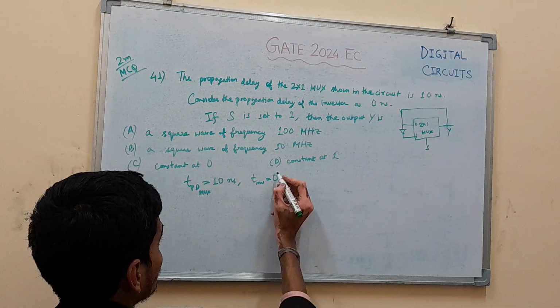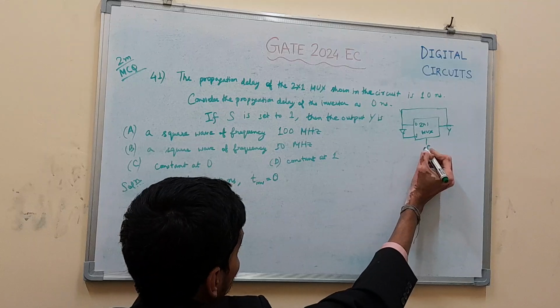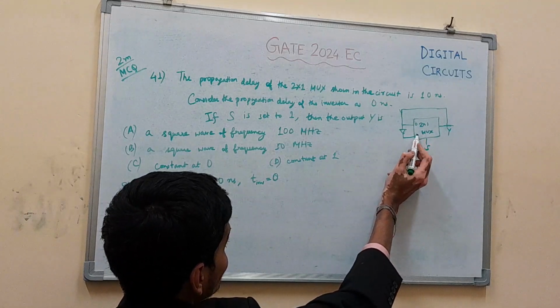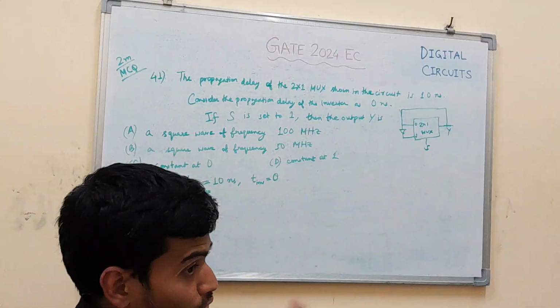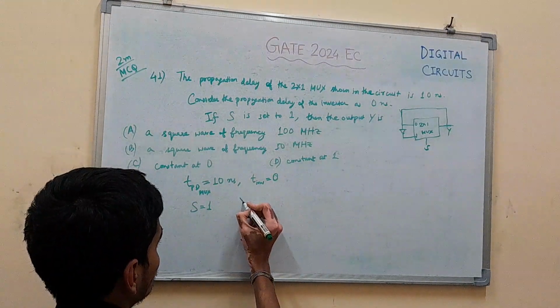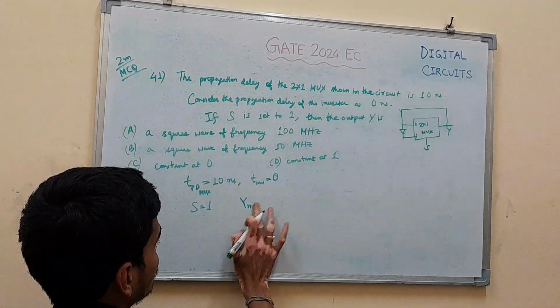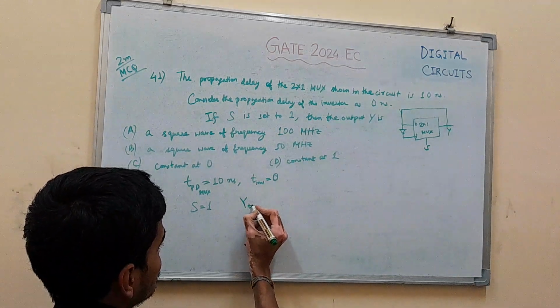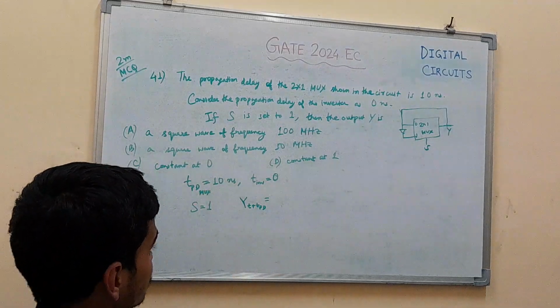When S is set to 1, this line will be selected, that is Y bar, so Y will toggle. Y at the next instant, Y at T plus TPD, because there is a propagation delay.